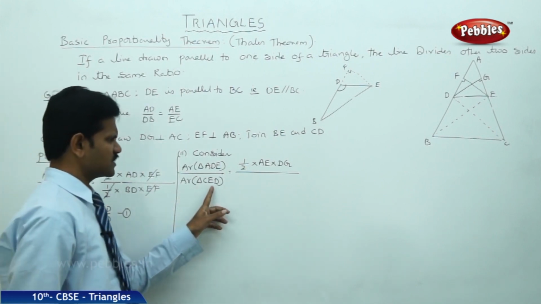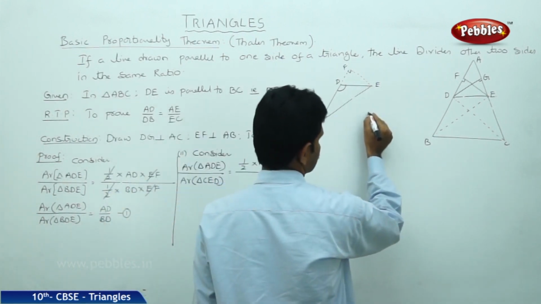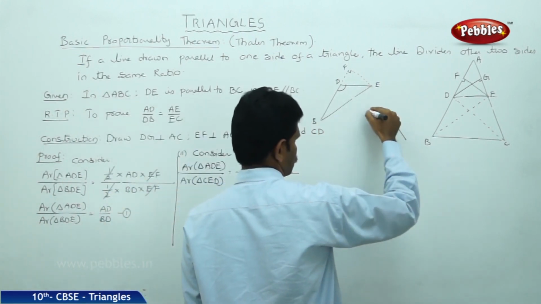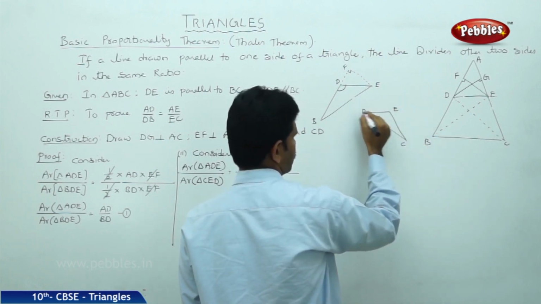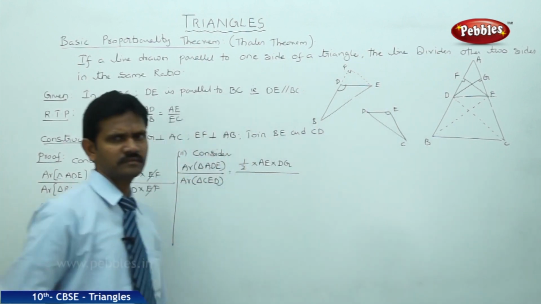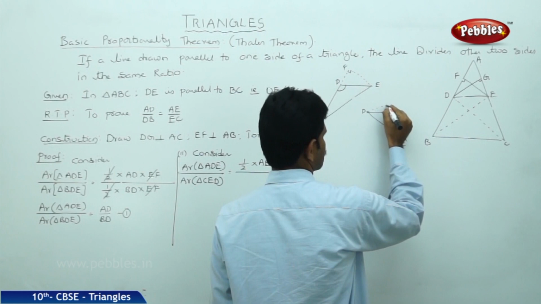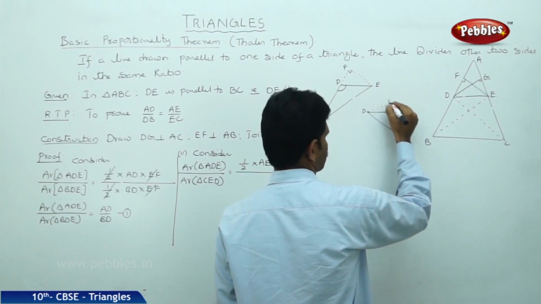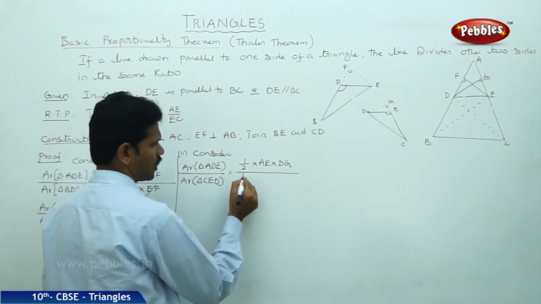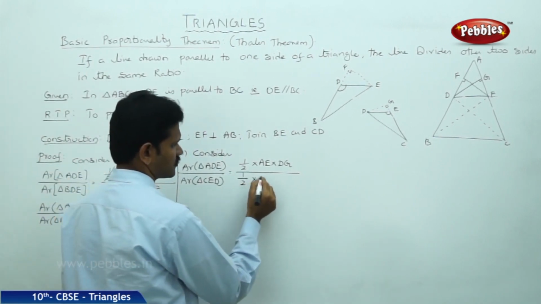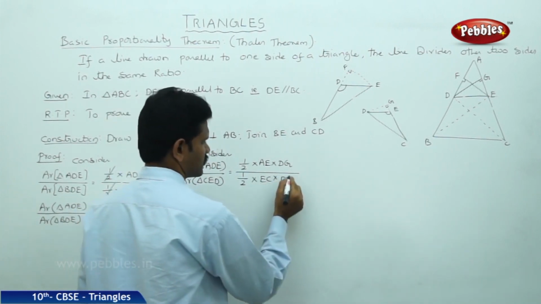Now let us consider CED, which again is an obtuse angle. For an obtuse angle the altitude lies outside, which is DG, that is half into base EC into height DG.